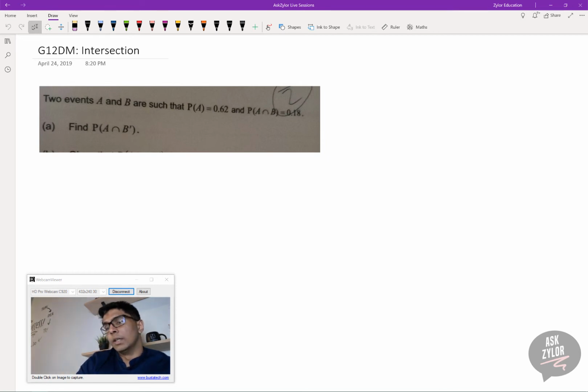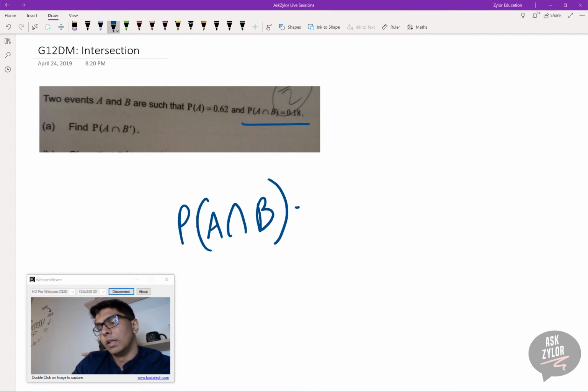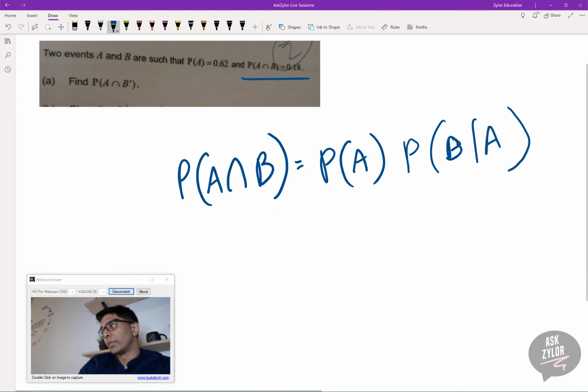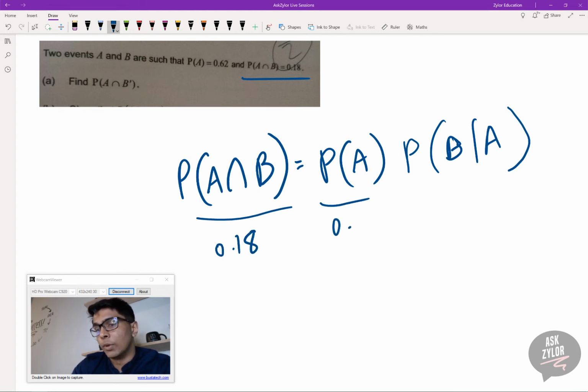So what we can do is write down the equation for the P of A and B. P of A and B is going to be the probability of just A multiplied by the probability of B given A. I already have 2 of these: this is 0.18, this is 0.62.